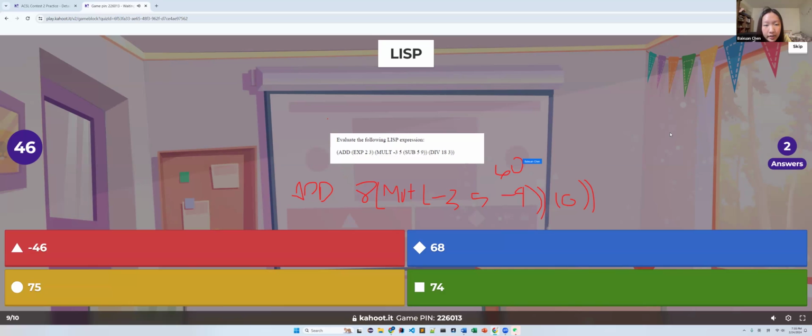And then we're adding 60, 8, and this one should be, sorry, 60. I don't know why I wrote 10. Then 18 divided by 3. So it'll be adding 8, 60, and 6, which will be 74.